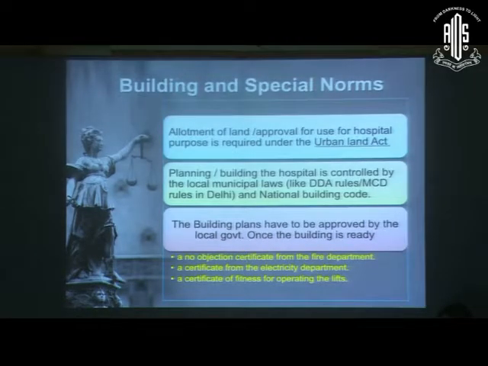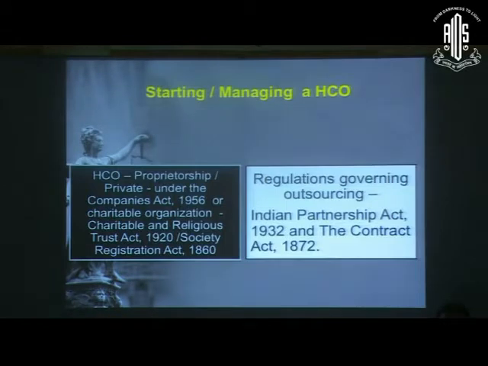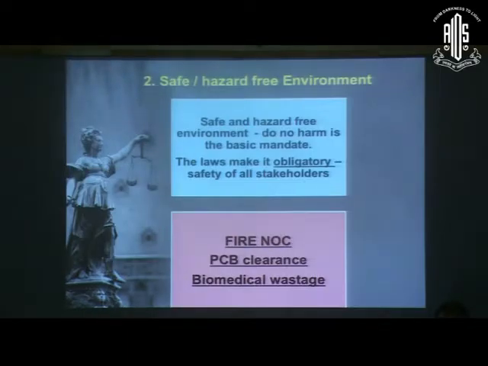Once you open the building, you need a completion certificate as well as a fire safety license. And once you start managing the hospital, you need to register under the relevant provisions. You also need to provide a safe and hazard-free environment for your patients. That is governed by the fire NOC, PCB clearance, and biomedical waste.